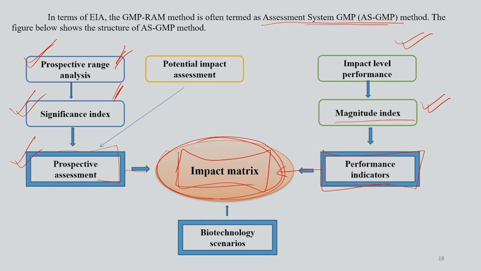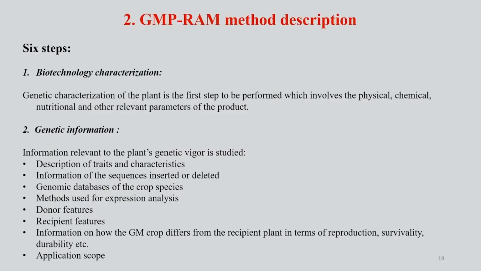So, in impact matrix formation, your prospective assessment outcome and performance indicator based results will come in, and finally you will get what kind of impact the introduction of certain GMPs is creating on the environment or on the surrounding other organisms in the ecosystem. So, this method is known as the Assessment System GMP method. Alright. This is also a part of EIA which helps to assess the organism's impact on ecosystem and human health.